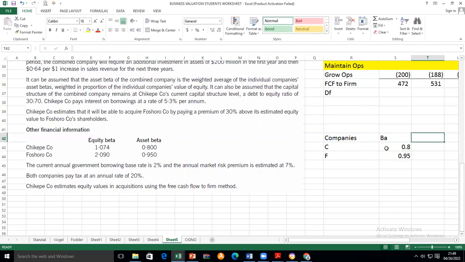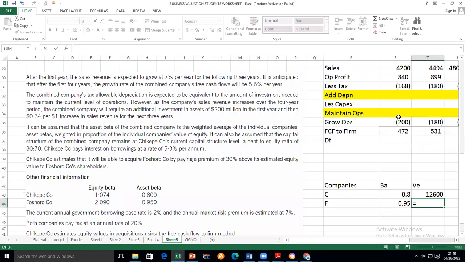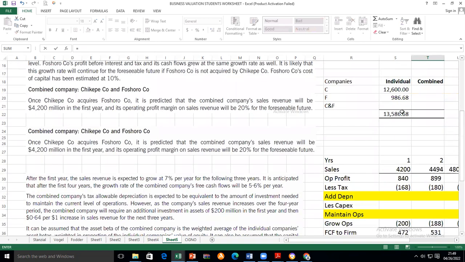What are the values of equity? C, and this one. If we got that one wrong, then we're in trouble. If this 987 is wrong there, then unfortunately, we are in trouble.